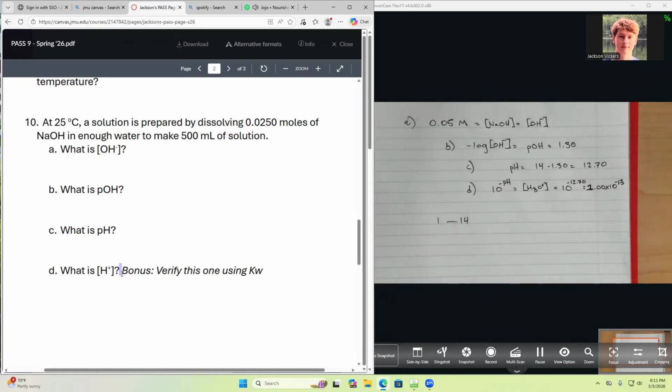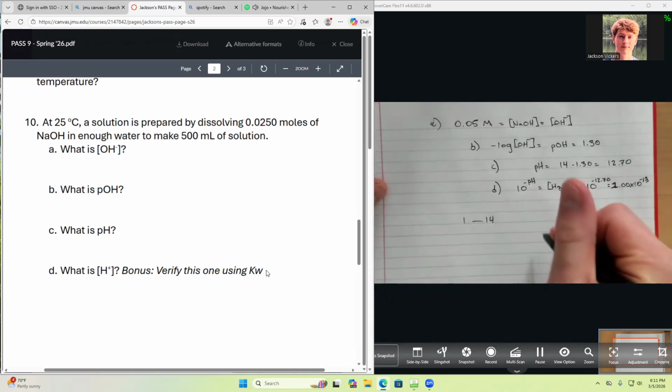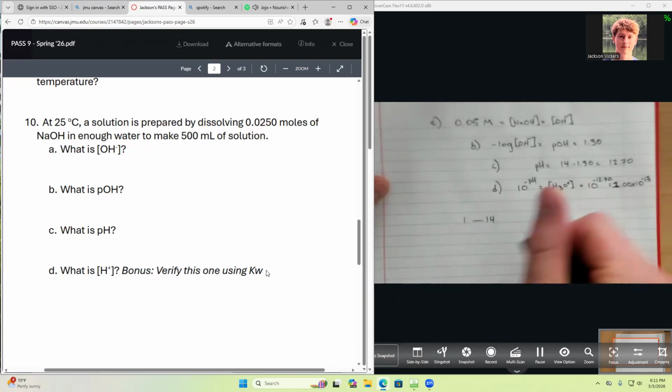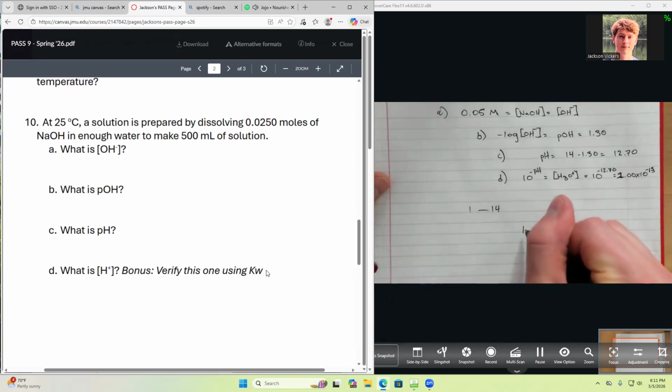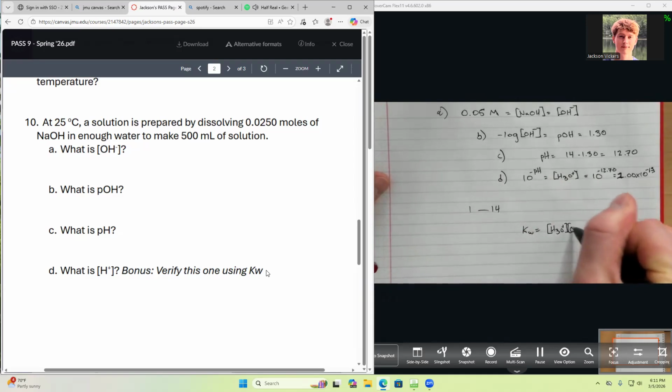And then I said bonus, verify this using KW. And a way we can do that is since we have the OH minus concentration and the hydronium ion concentration, we know that KW should be 1 times 10 to the minus 14, but let's make sure. So this is equal to 2 times 10 to the minus 13 times 0.05.